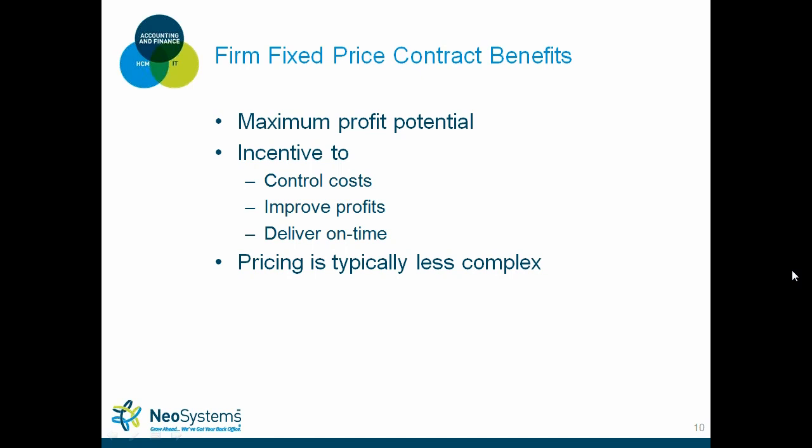That's why it's very beneficial for you as a buyer to have a firm fixed price job. It also gives you incentive to control costs, improve profits, and ensure that you meet your deliverables or milestones. Pricing on firm fixed price is typically less complex.